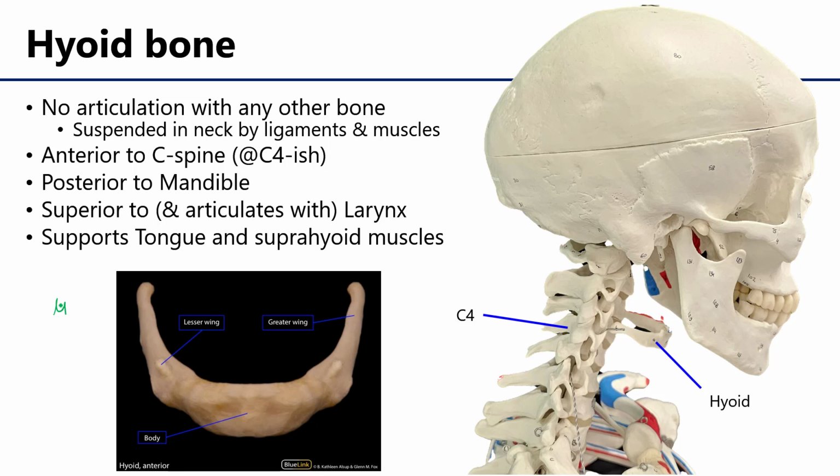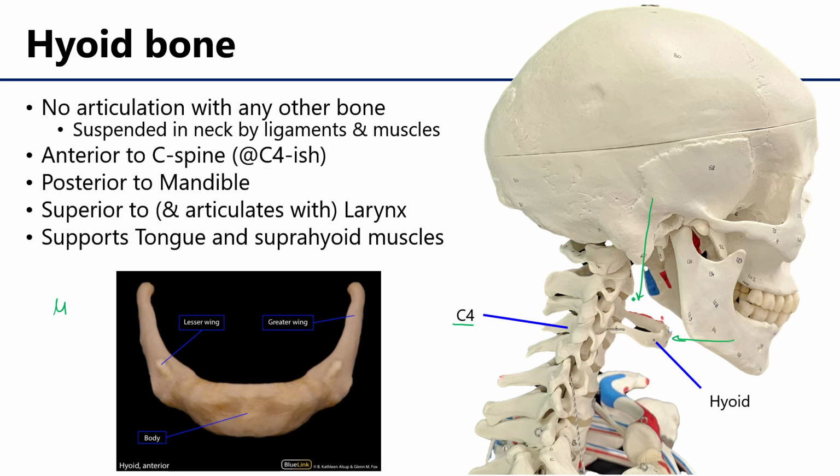It sits anterior to the C-spine at about the level of C4, posterior to the mandible, inferior from the cranium.